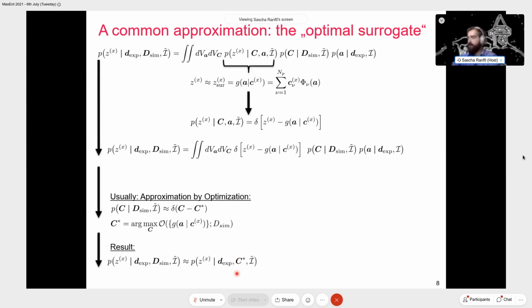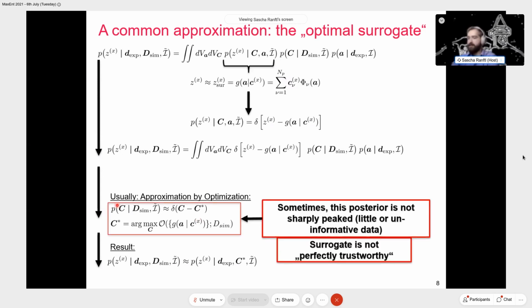So this is the common ground, what people usually do and what people usually would like to do. And I would like to point out a particular problem that can arise here sometimes. Sometimes this posterior for the C's is in fact not sharply peaked at some particular value. And that can happen if the data is little or uninformative, for example. So the problem is that sometimes your surrogate is not perfectly trustworthy, which is in contradiction to this assumption here.